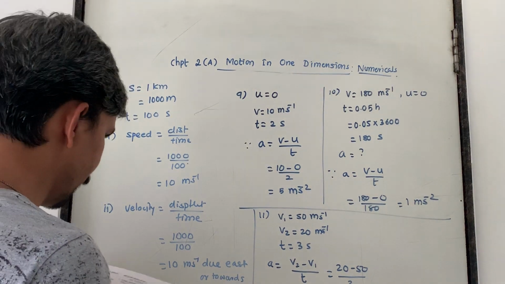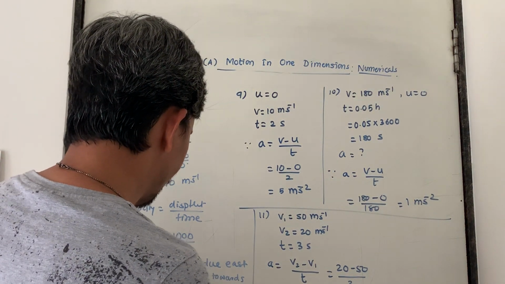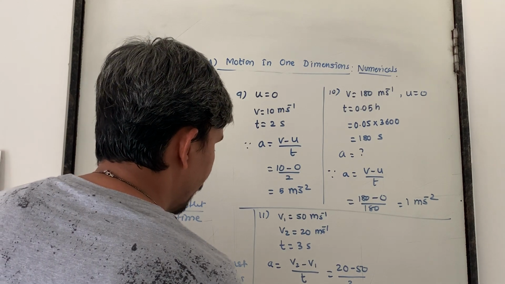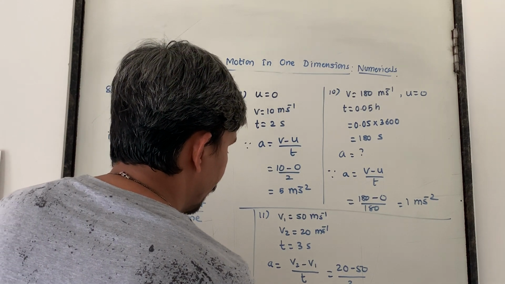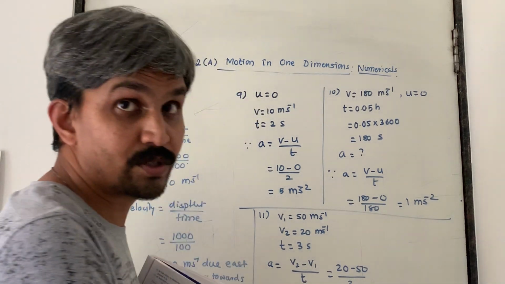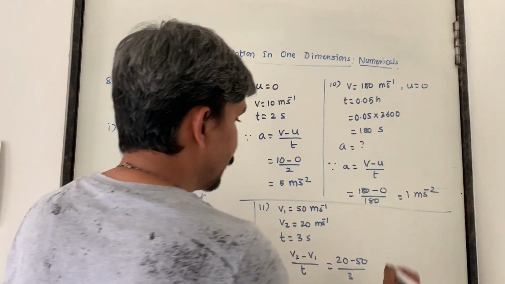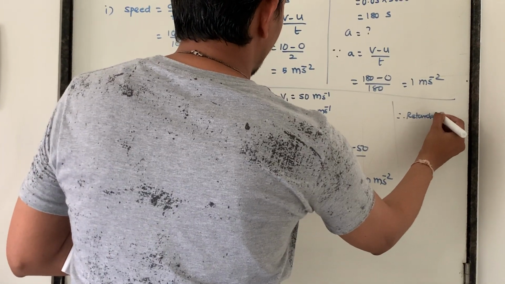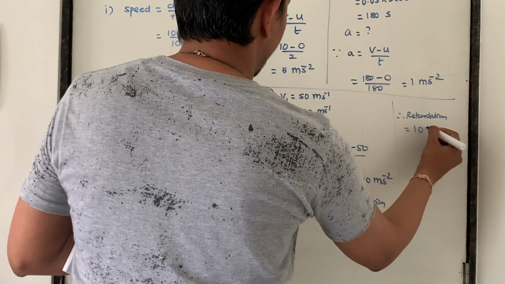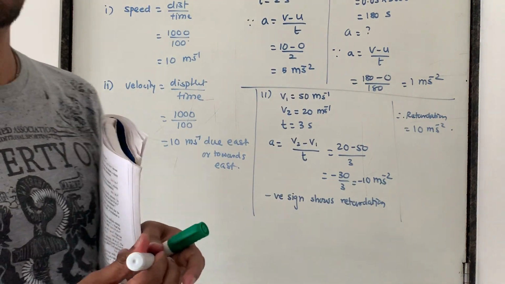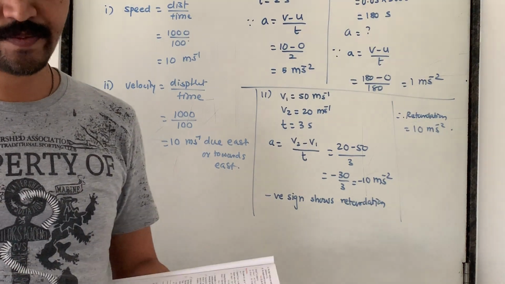Now your negative sign shows retardation, right? So I can write therefore retardation is equal to 10 meter per second square. If I am writing retardation, then there will be no negative sign, right?